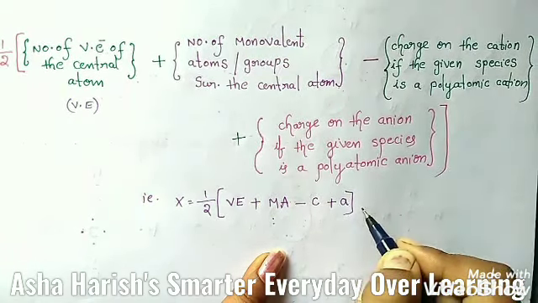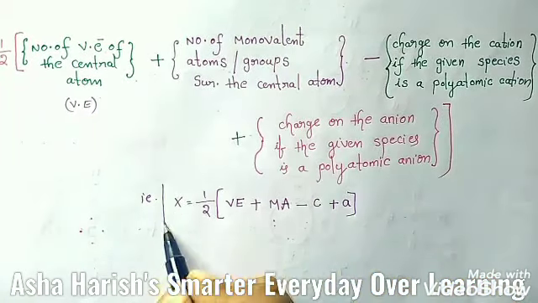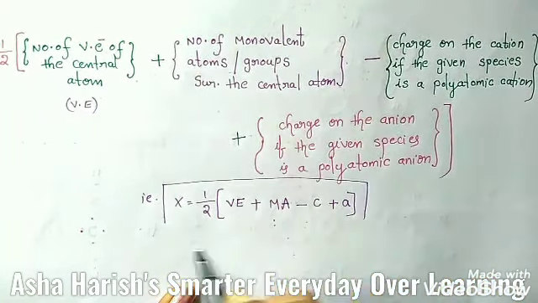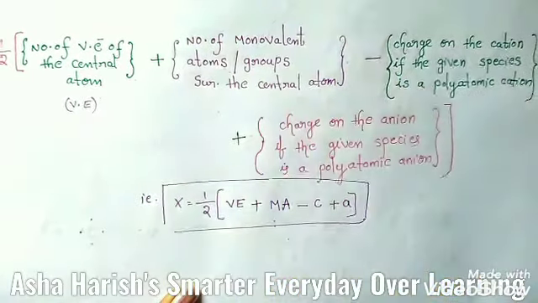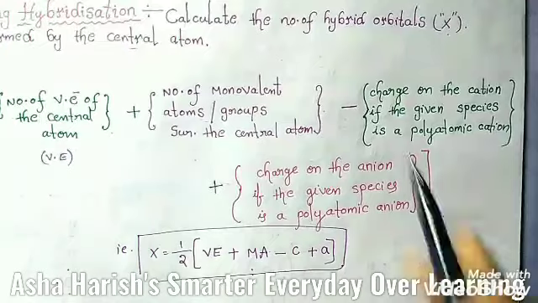Okay students, this is the formula to find out x, the number of hybrid orbitals.